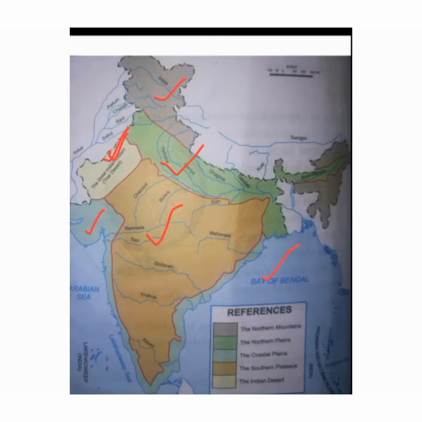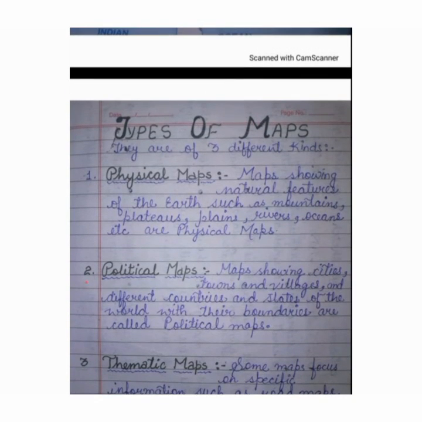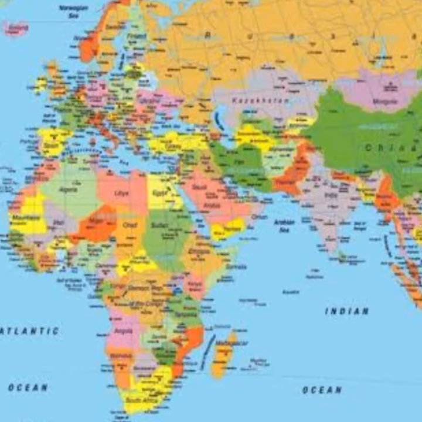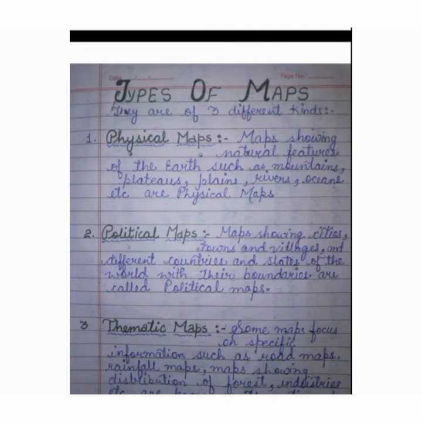Then you have the political map showing boundaries of continents, countries, states, capitals and major cities and towns. These maps help in studying different types of cultural, historical and economical activities.